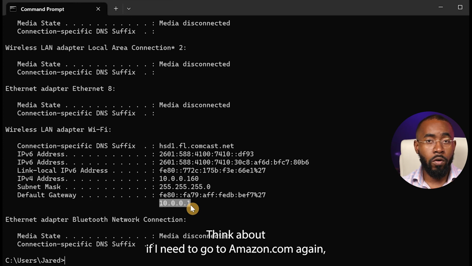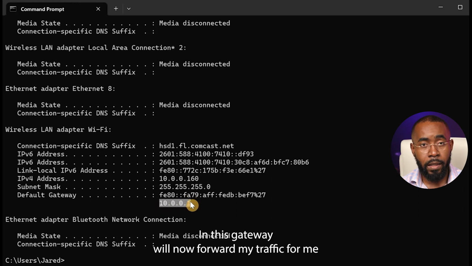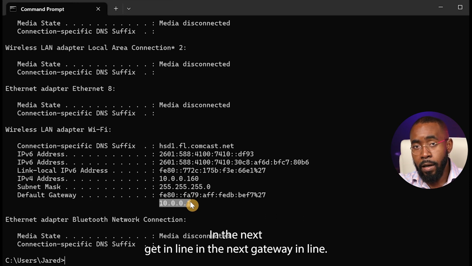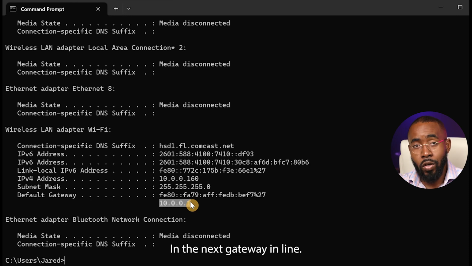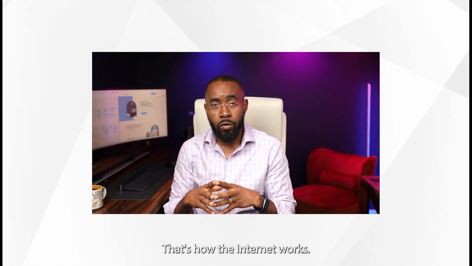Think about if I need to go to Amazon.com, then I need to forward my traffic to this gateway. And this gateway will forward my traffic to the next gateway in line, and the next, and the next, until it gets to Amazon.com. That's how the internet works.